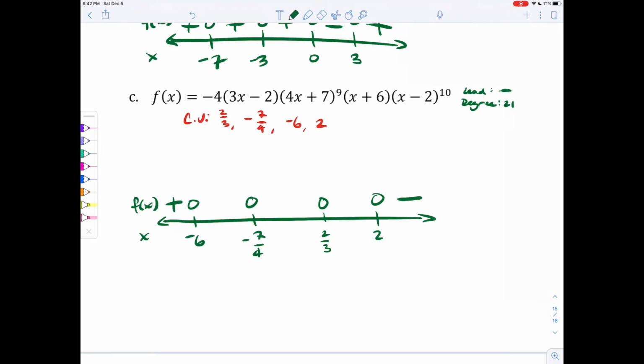And now for the in-betweens. 6 has a multiplicity of 1, so we switch over it. -7/4, that factor is giving us multiplicity of 9, so I'm switching over that. 2/3 comes from something that has a power of 1, so we're switching over that. And then 2 comes from something with an even multiplicity, so this stays same. Everything seems to be in order. That is done.